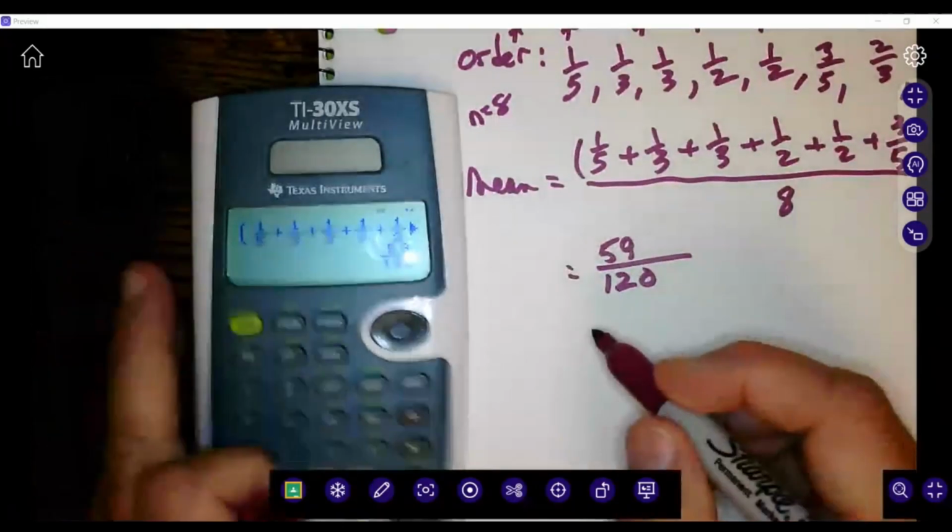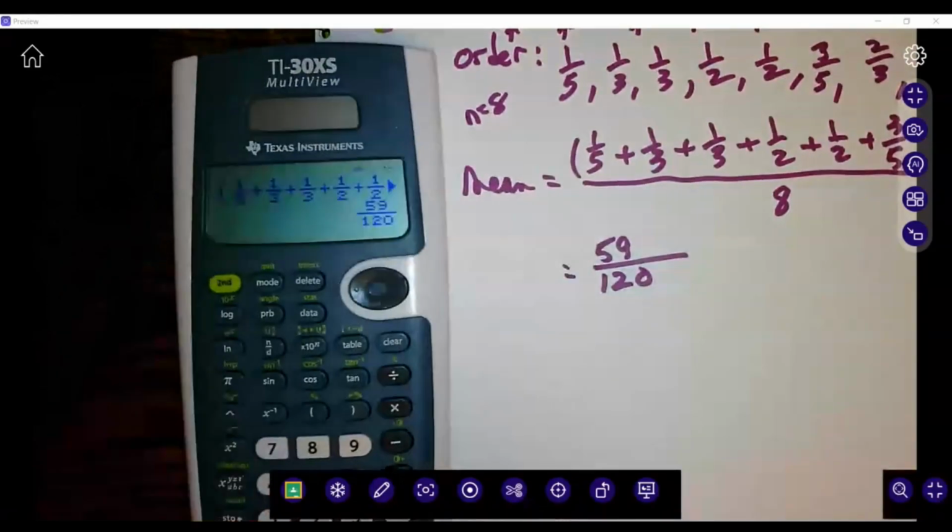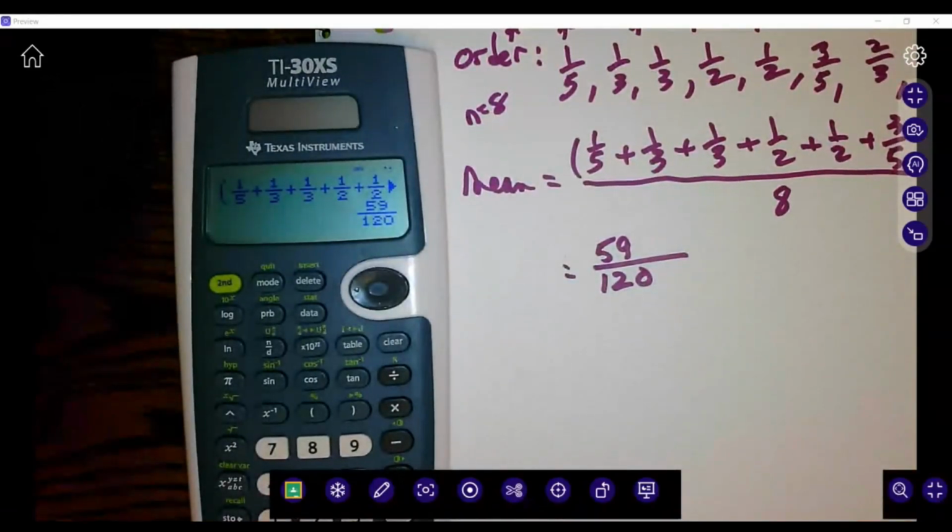All right, next. Quick question. Yes, sir. Is it possible to do that in decimal form and then divide by 8? The problem is if you do it in decimal form, you're going to be rounding off. Right. And because 0.6666, you can't put 0.66666666 forever in the calculator. You're going to end up rounding that off.